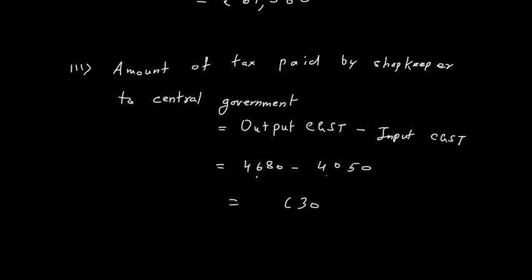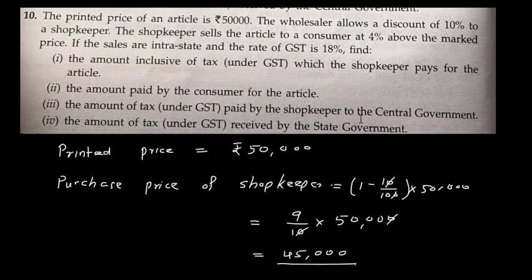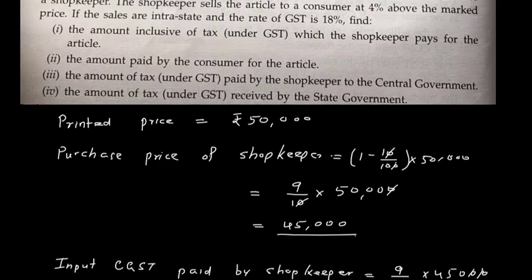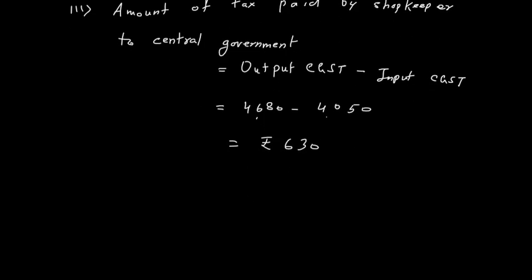And last, the amount of tax received by the state government. When I am talking about the amount of GST received by the state government, it is the total the consumer has paid.